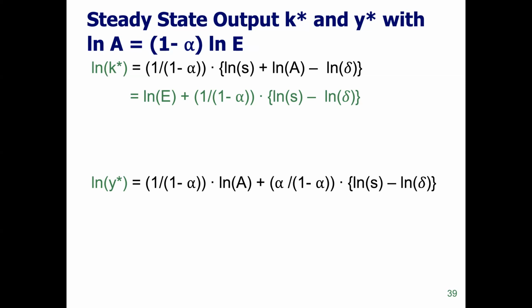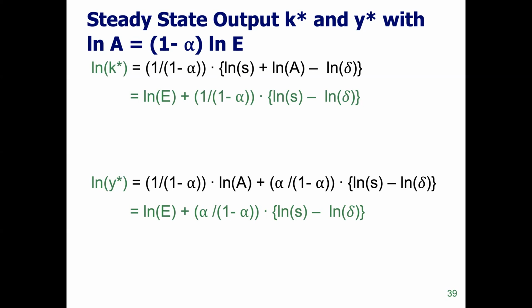Now let's look at log steady state output. Again, we have this 1 over 1 minus alpha times log A, which becomes just log E. And the rest remains the same as before. It's multiplied by alpha over 1 minus alpha because it's output, whereas with the capital stock, it was just 1 over 1 minus alpha. But in both cases, I got log E.